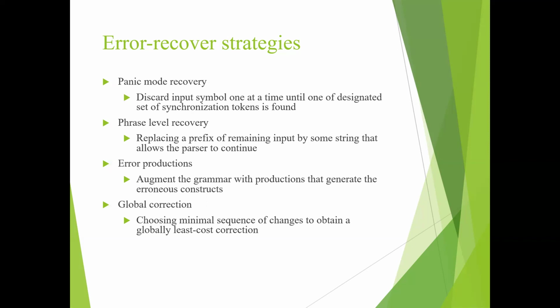Synchronizing tokens are usually delimiters such as the semicolon or closing bracket, whose role in the source program is clear and unambiguous. Phrase-level recovery replaces a prefix of the remaining input by some string that allows the parser to continue.